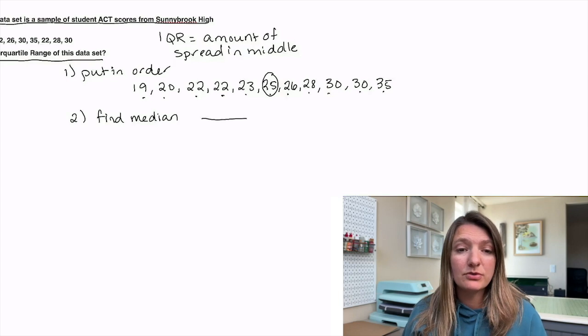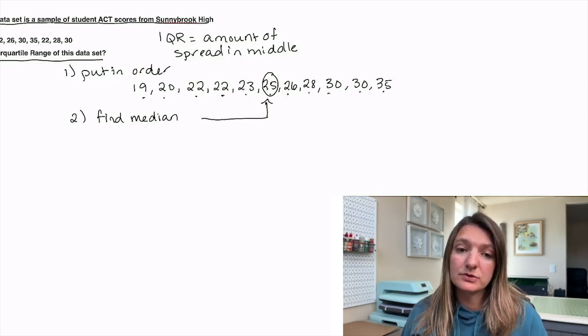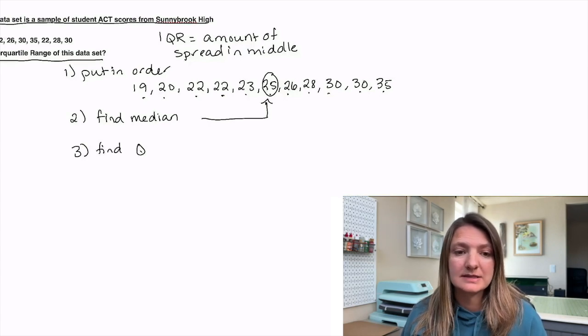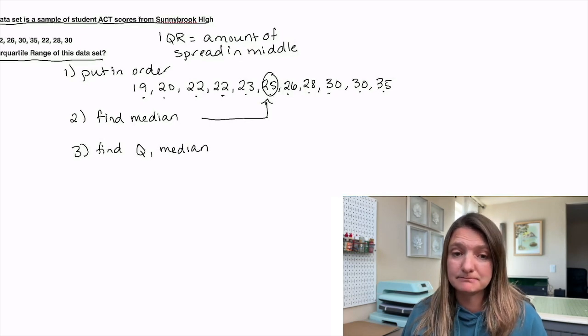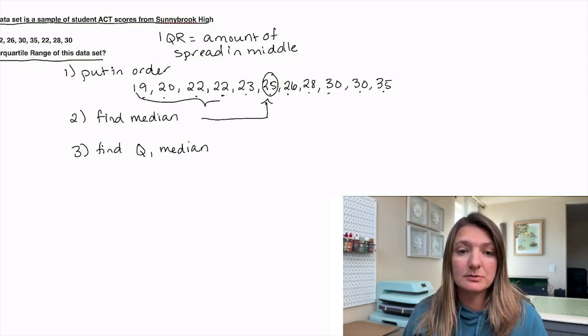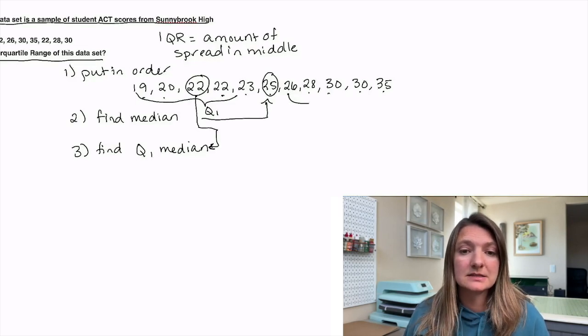And we have both of those quarters on either side of that, on the left and the right side. So now we found our middle, we need to find the quarter one median. That is our quarter one, on the left side of that. We need to find the middle of that data set, which would be 22. So our median of Q1 is 22.